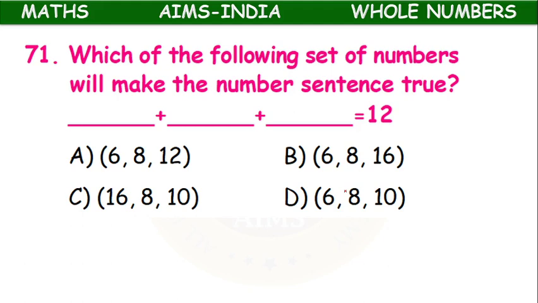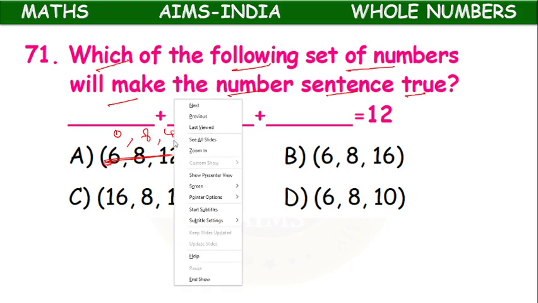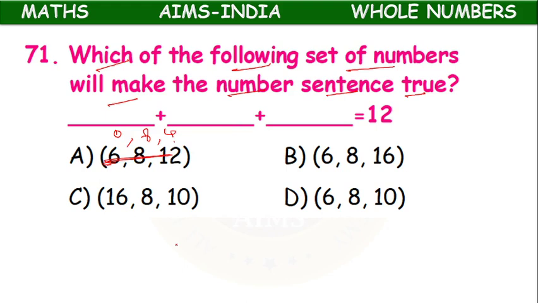Next. So which of the following sets of numbers will make the number sentence true? Here, please change the A option to 0, 8, 4, children. 0, 8, 4.